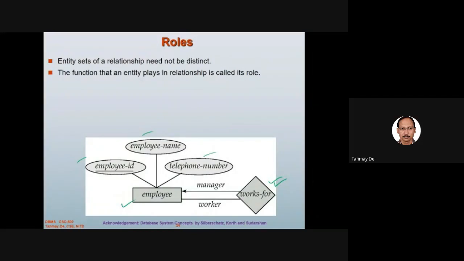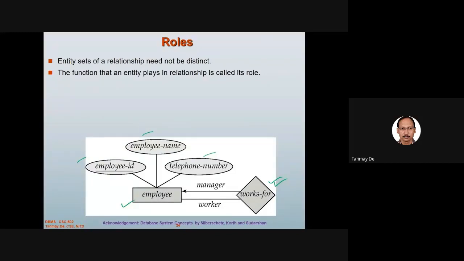The relationship work for might be modeled by an ordered pair of employee entities. Here the function performed by the employee is labeled. That is, the employee performs the task as a worker, or he or she may perform the task as a manager.